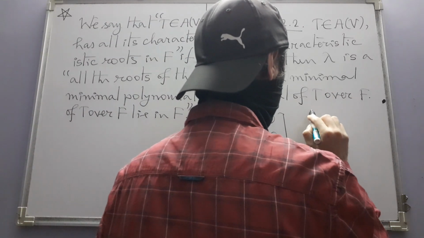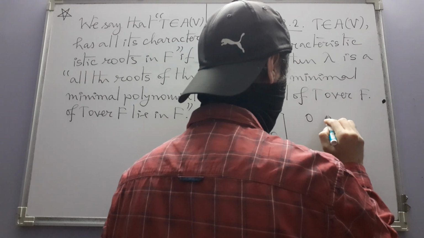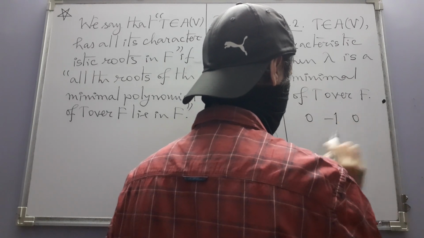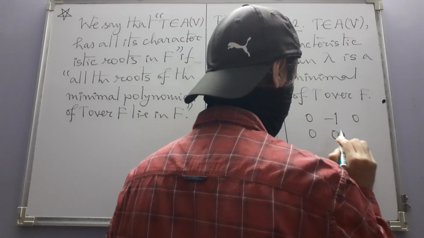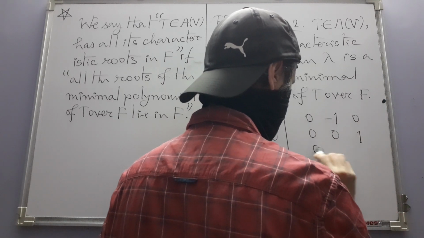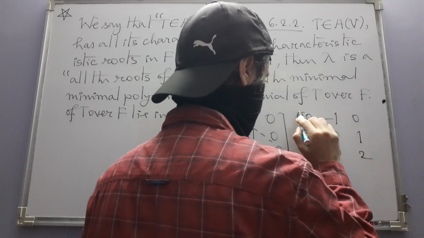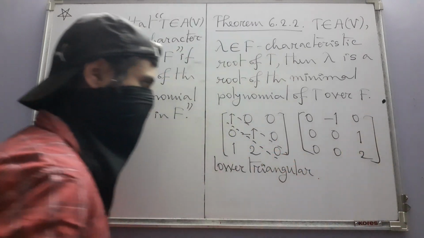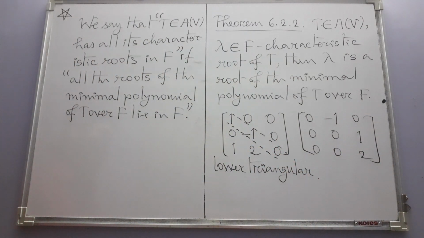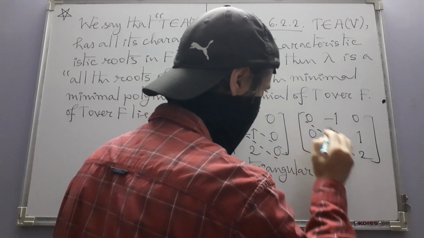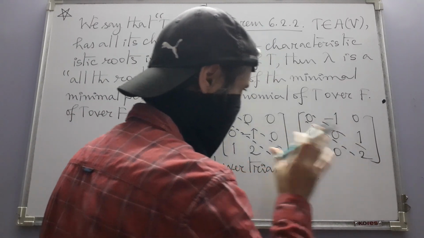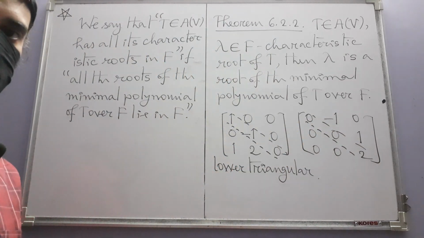Similarly, you also have something like this. Say this 3 by 3 matrix. Here, all the entries below the main diagonal, that is these entries, are 0.